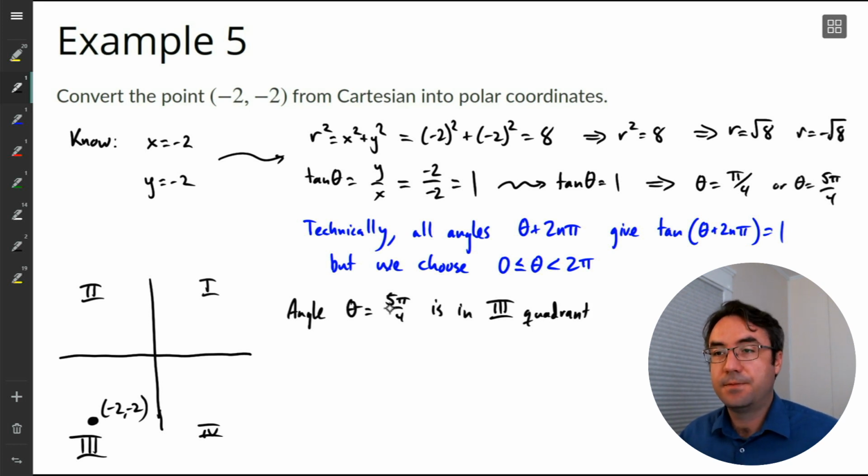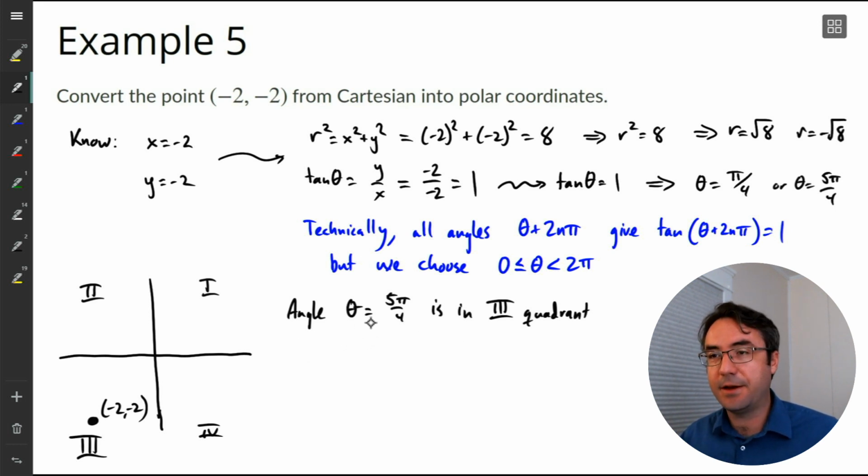So if we choose that angle, and that's good, it's in the third quadrant, and we want to move into the third quadrant, so we're going to use the positive r value. So we have some flexibility here, but we just have to match them up correctly.